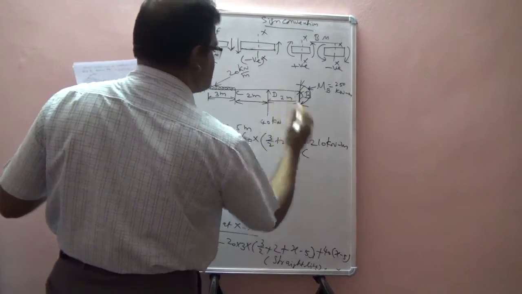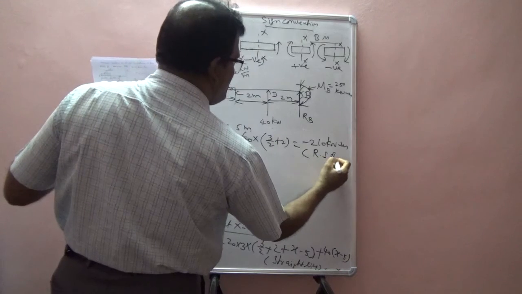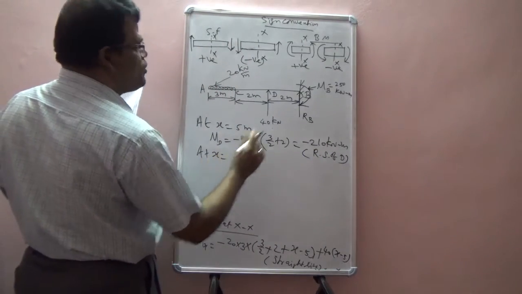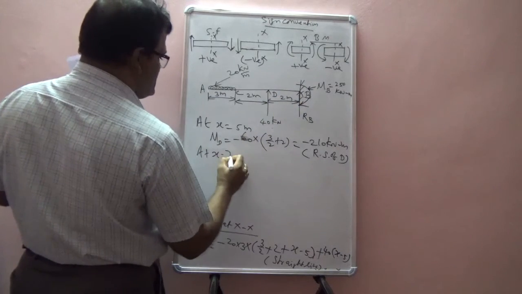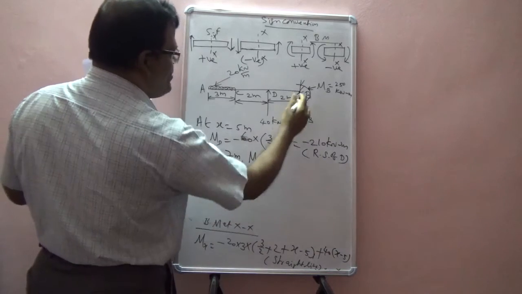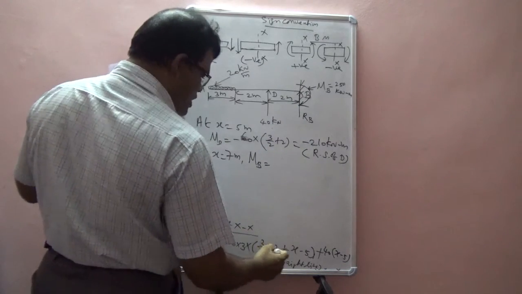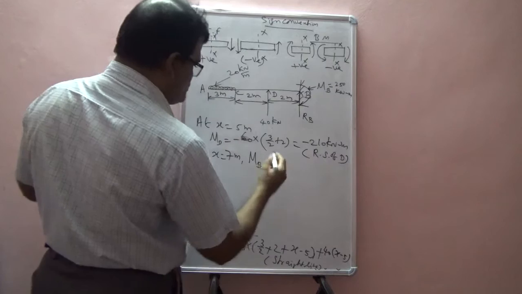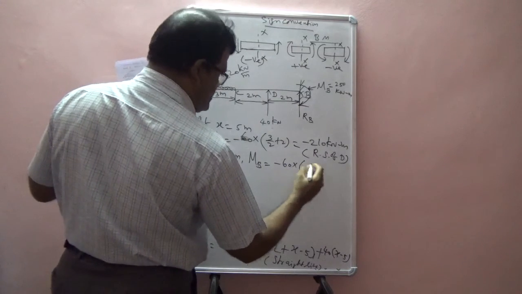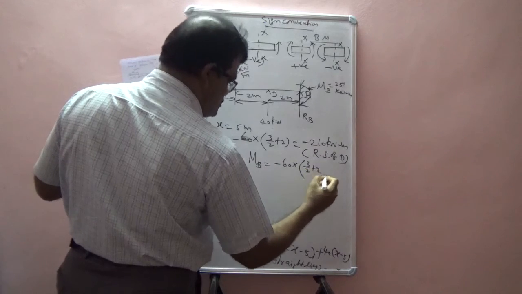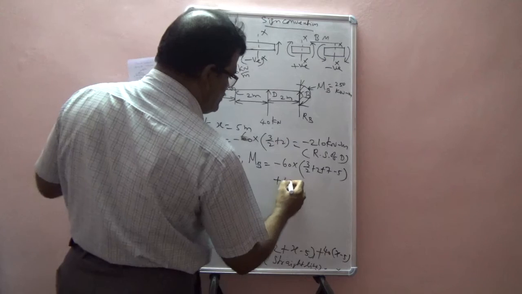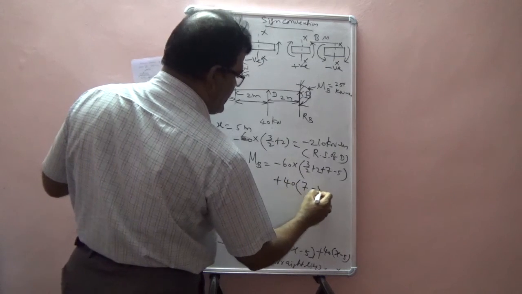So this is right side of D. Next, at x is equal to 7 meter, it indicates the point B. Therefore the moment at point B will be equal to, putting the value 7 here, minus 60 multiplied by 3 by 2 plus 2 plus 7 minus 5, plus 40 times 7 minus 5.